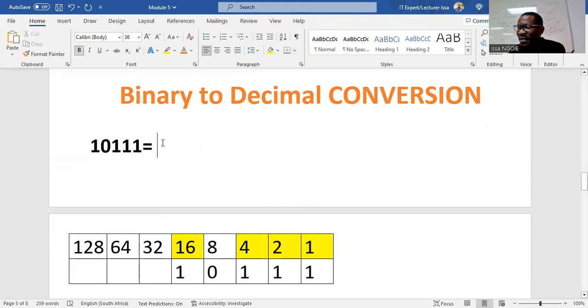So it's going to be what? 16 plus 4 is 20. 20 plus 2 is 22. 22 plus 1 is 23. Right? So this is 23. So this binary number gives you 23. Let's take another exercise.